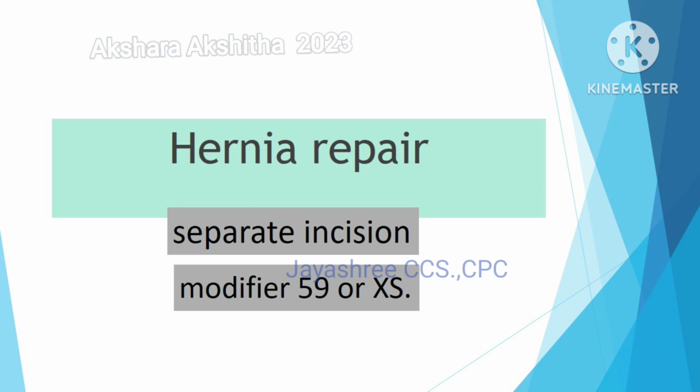Then we can report the CPT code that includes hernia repair along with the additional hernia repair CPT code. Both we can bill separately only if it is a different site through a separate incision for treatment of the hernia, with the 59 or XS modifier.